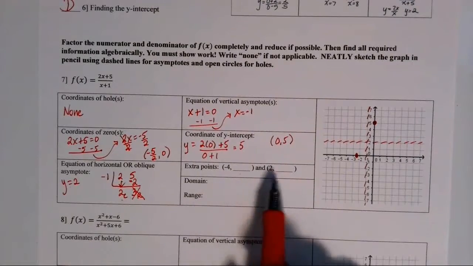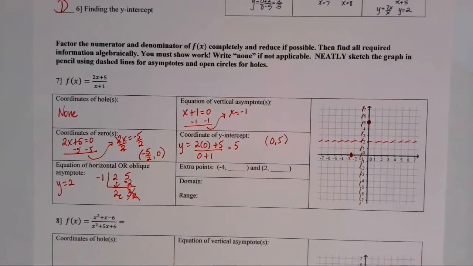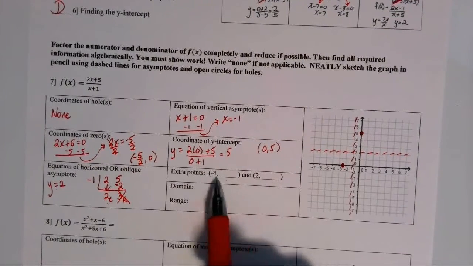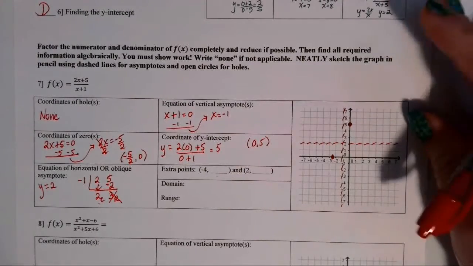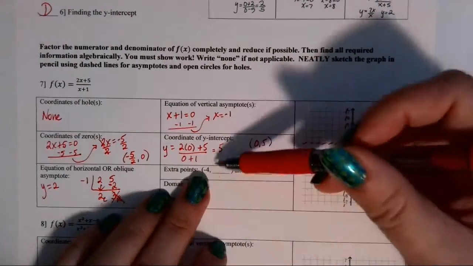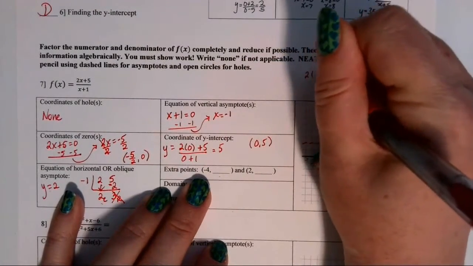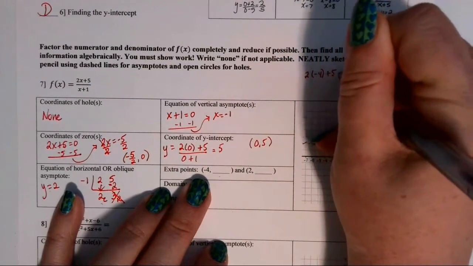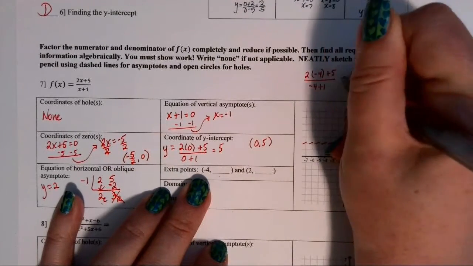Okay, now we're going to look for some extra points on this graph to guide the direction that our curves are going to bend. So these x coordinates have been selected for us to make it a little easier, but you could always choose any x's that you want to on your graph. So if I put in a negative 4 for my x, then I have 2 times negative 4 plus 5 divided by negative 4 plus 1.